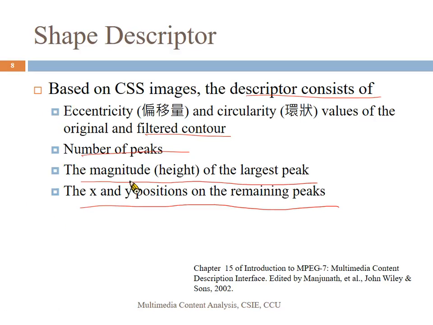All these values are concatenated as a shape descriptor so that we can describe the shape features of an object. For related material, you can read the book, chapter 15 of Introduction to MPEG-7. The CSS shape descriptor was introduced in the Multimedia Content Description Interface.